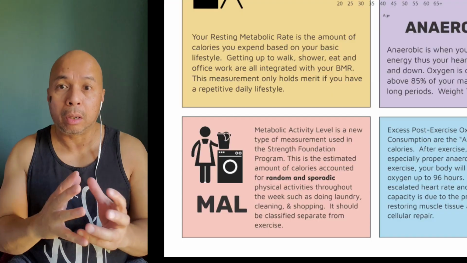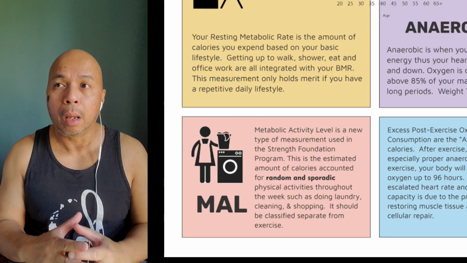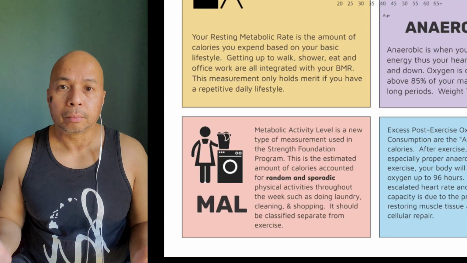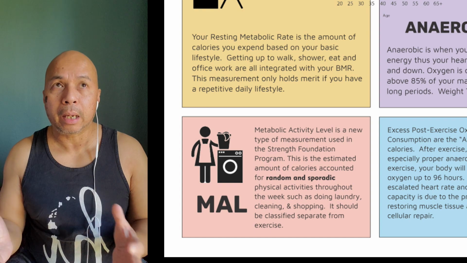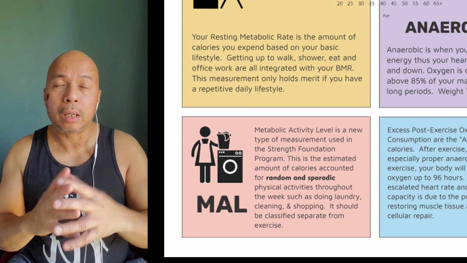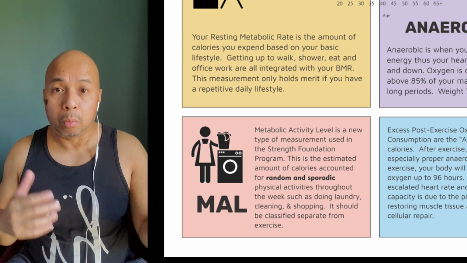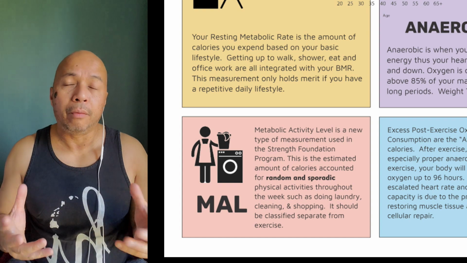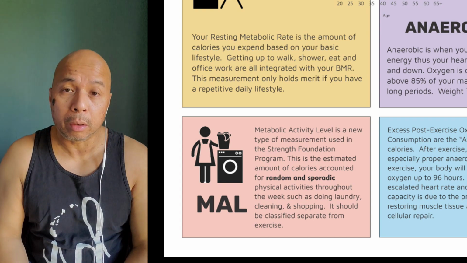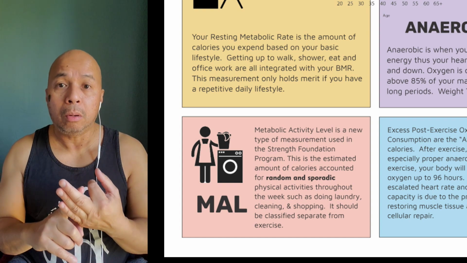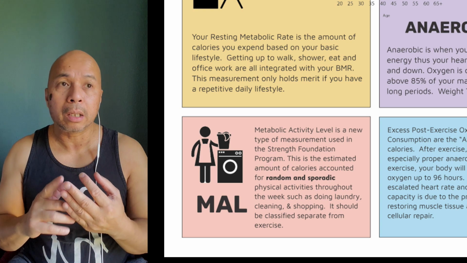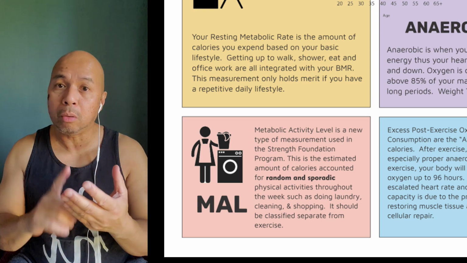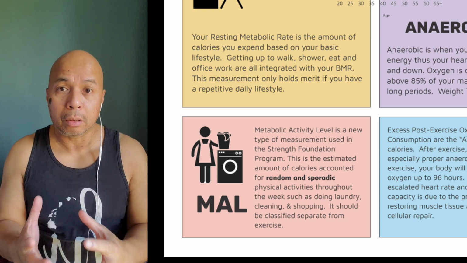And this is why, in my perspective, I created a new acronym called MAL, which stands for metabolic activity level. With metabolic activity level, you could get a good range of how to define all these various activities that you go out through the day. MAL, metabolic activity level, is when you actually do your functions that don't really fall into exercise.